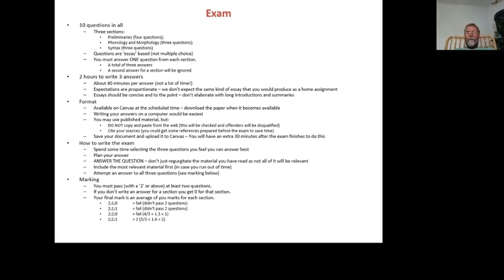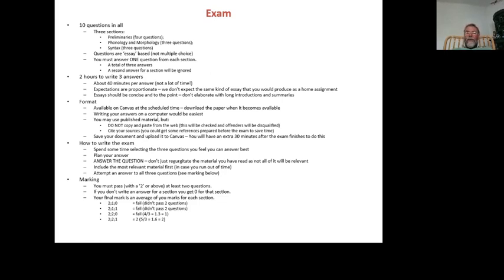Okay, so a few words of advice about how to actually go about writing your answers in the exam. First of all, once you get the paper, spend some time reading through all of the questions so that you know that you can choose the 3 that you're best able to answer. Don't just do this as a knee-jerk reaction, where you find the question on the topic that you've revised and just write that.